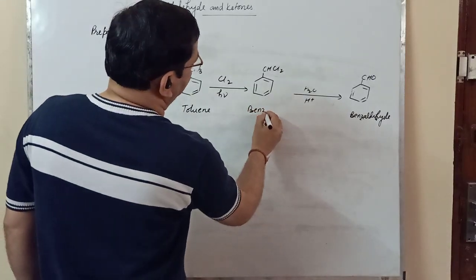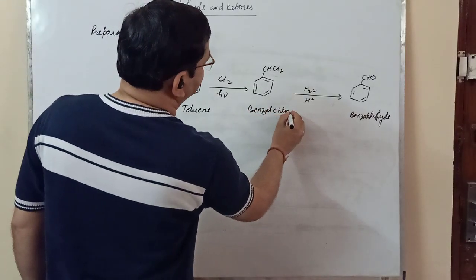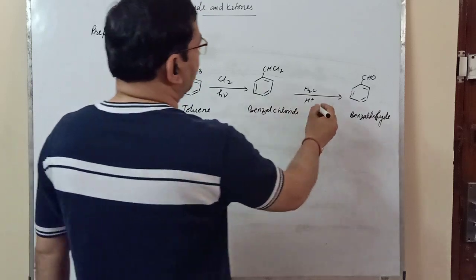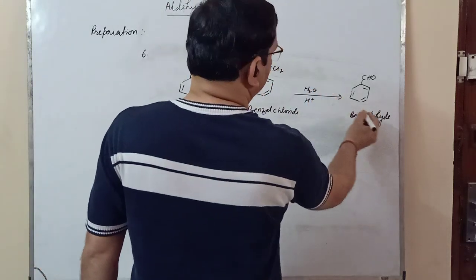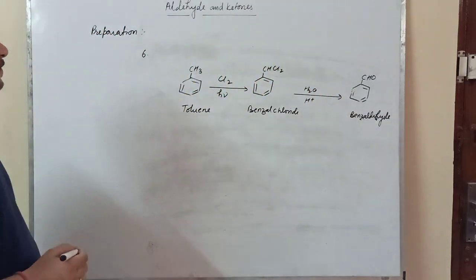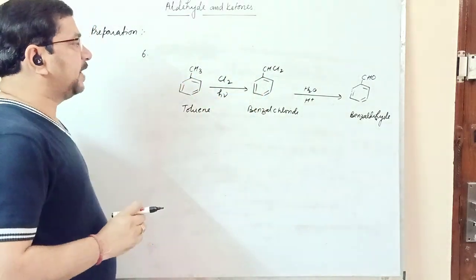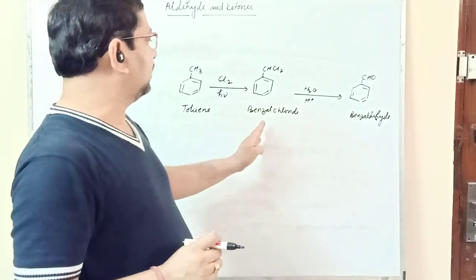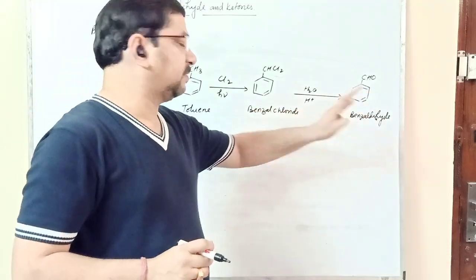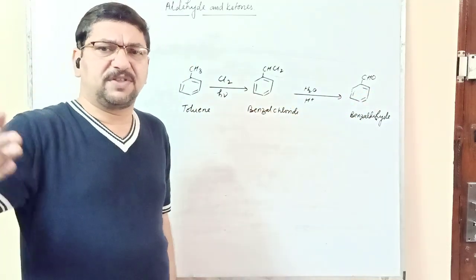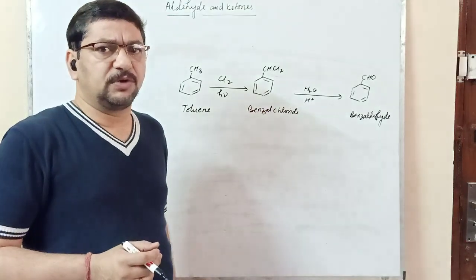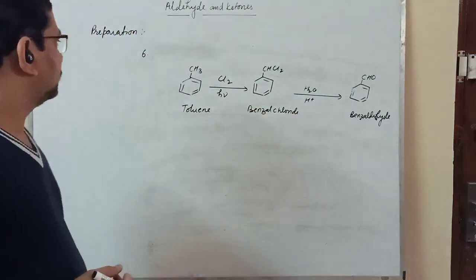This is benzyl chloride. And benzyl chloride on hydrolysis gives benzaldehyde. So toluene on chlorination gives benzyl chloride, and benzyl chloride on hydrolysis gives benzaldehyde. So in these three different ways we are able to convert toluene into benzaldehyde.